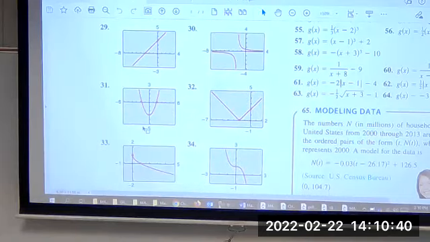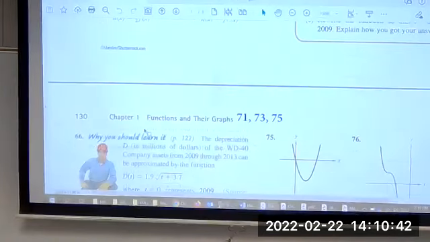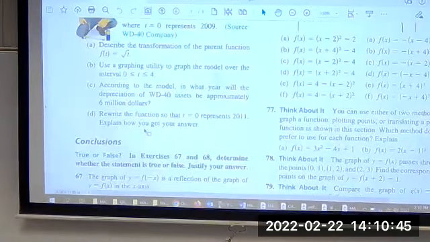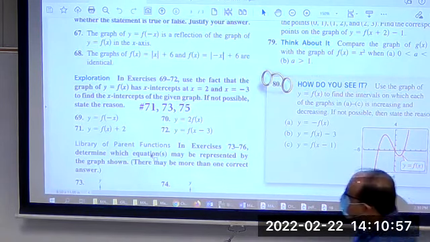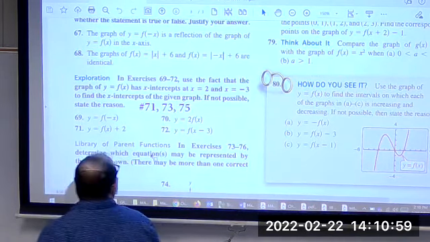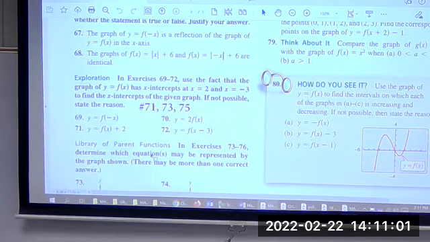And then the last thing we have is 71, 73, 75. 71: the graph of y equals f of x has x-intercepts at 2 and at -3. To find the x-intercepts of the given graph, use the fact.